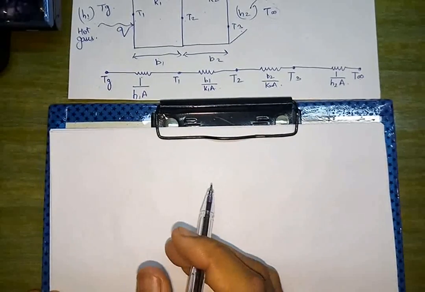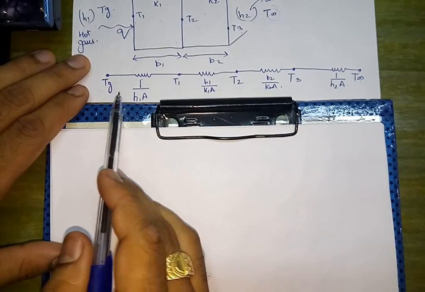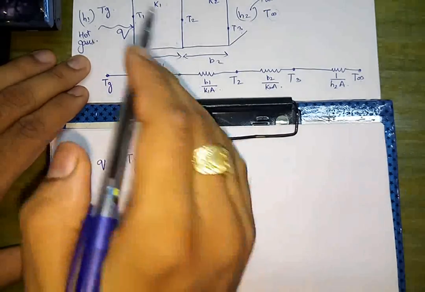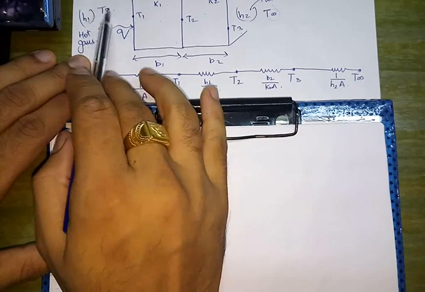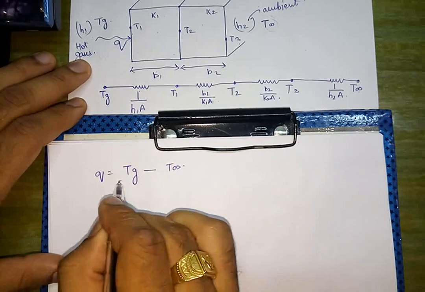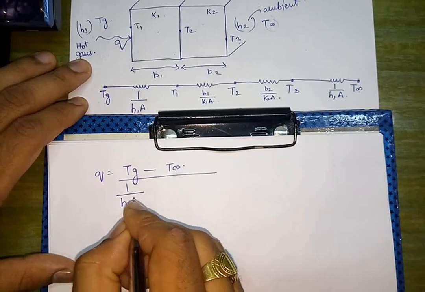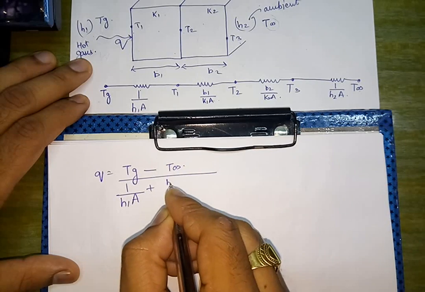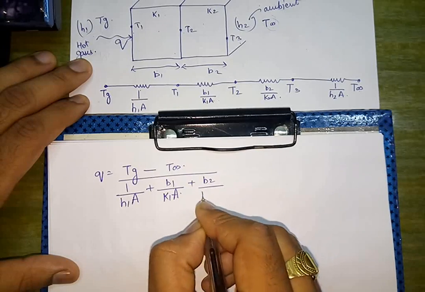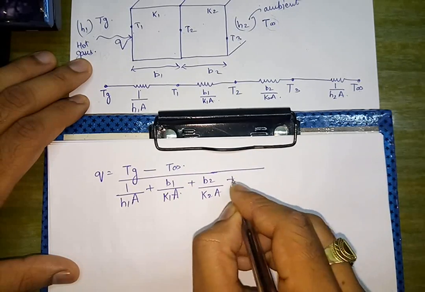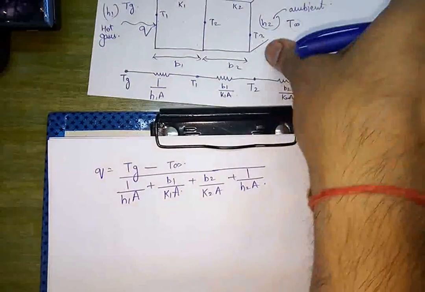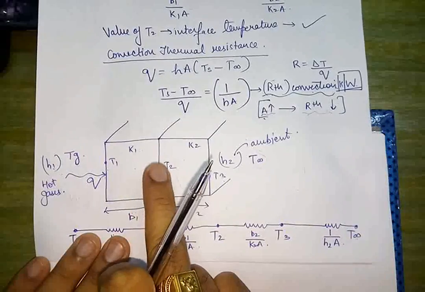Now if I need to write down the equation of heat transfer from this circuit diagram, what will I write? Q is equal to Tg minus T infinity, because we always write the equation between the extreme temperatures, whole upon 1 upon h1A plus B1 upon K1A plus B2 upon K2A plus 1 upon h2A.